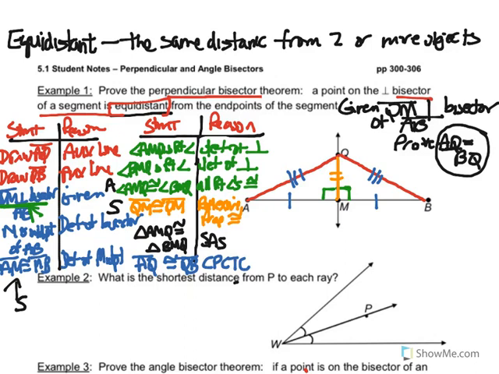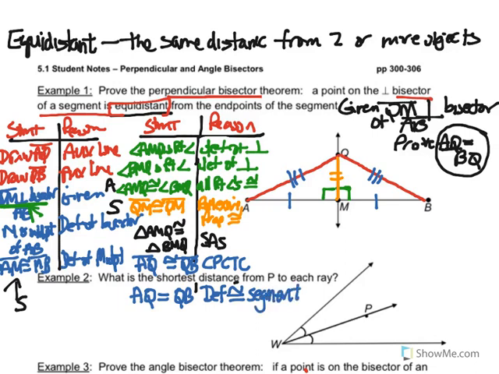Corresponding parts of congruent triangles are congruent, and so then our final statement on our proof is going to be that AQ, the distance, is equal to QB, distance. And how do we know that? That's definition of congruent segments.